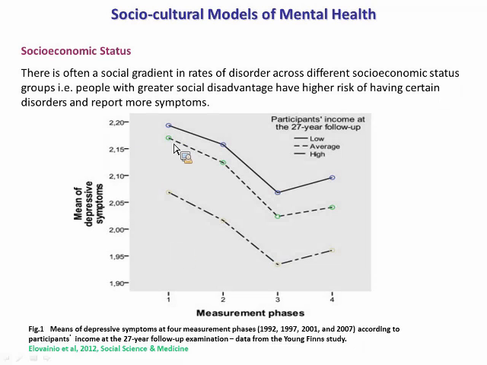And then you've got a nice dose response with the average people in the middle and the highest socioeconomic status having the lowest number of symptoms. Lots of studies have looked at this and show these sorts of gradients in mental disorders. But I'm hoping to highlight that when you start to think about the physical environment and mental health, you've already got this huge social gradient.